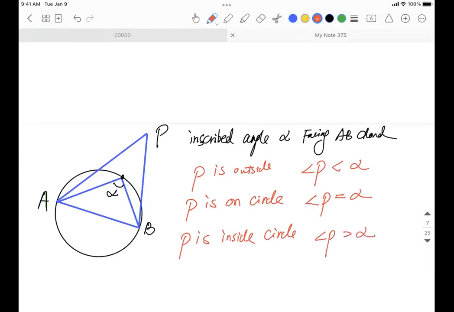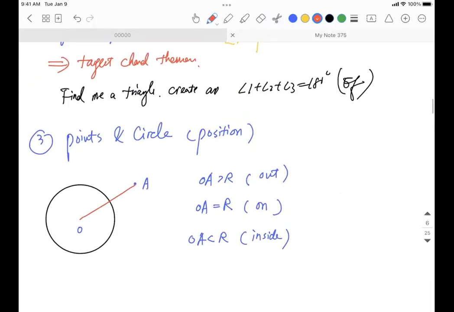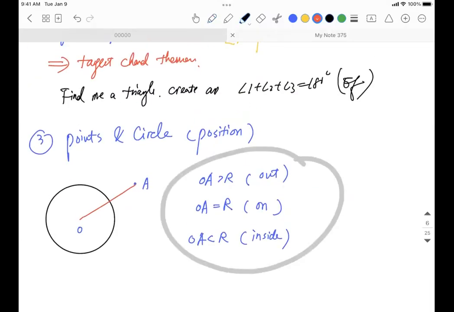Can you guys follow me on that part? Do you guys follow me on this part? Yeah. You see? So we have two ways to represent the relationship for a point P. This way is what you learned from your day school: OA greater, equal, or lesser.